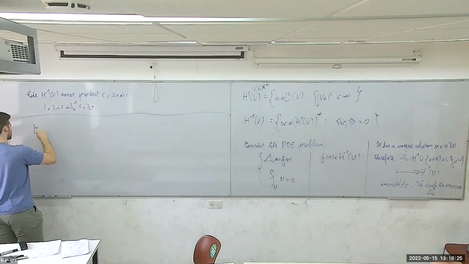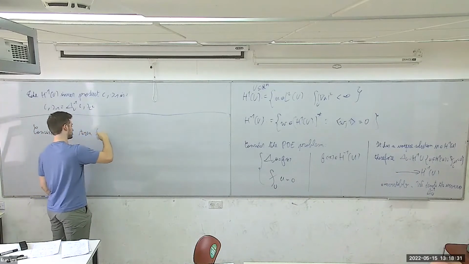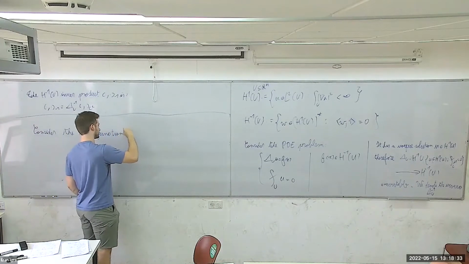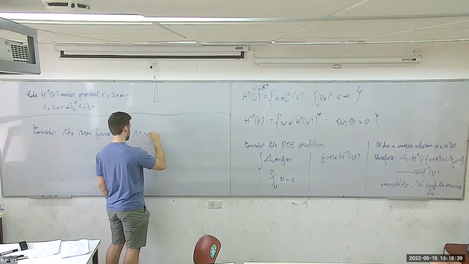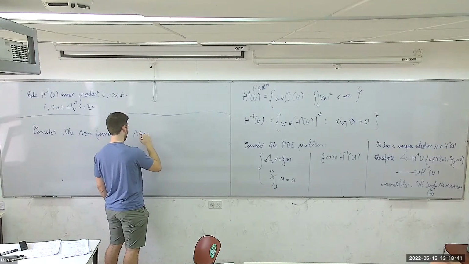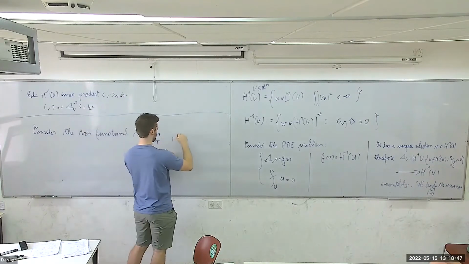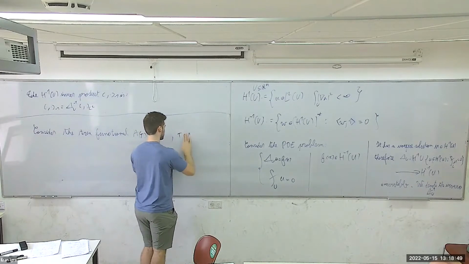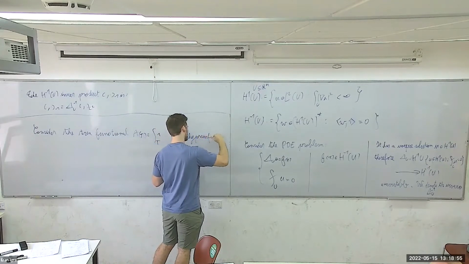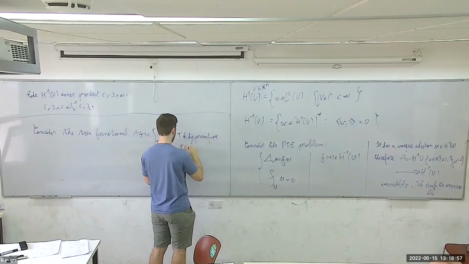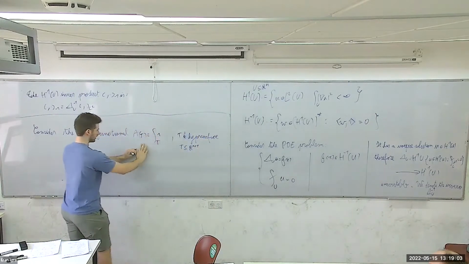So consider the area functional A. A of gamma, let's say gamma equal to gamma 1. So just take the area of gamma, a hypersurface. So this is just the area.